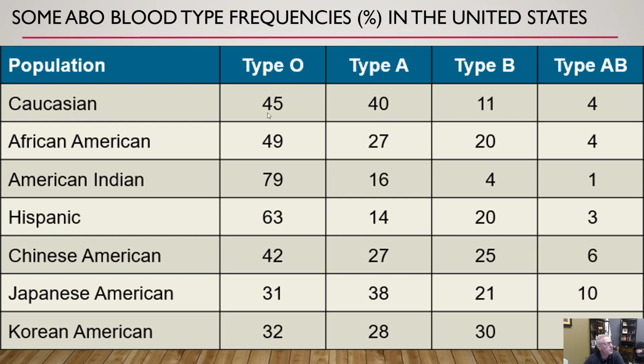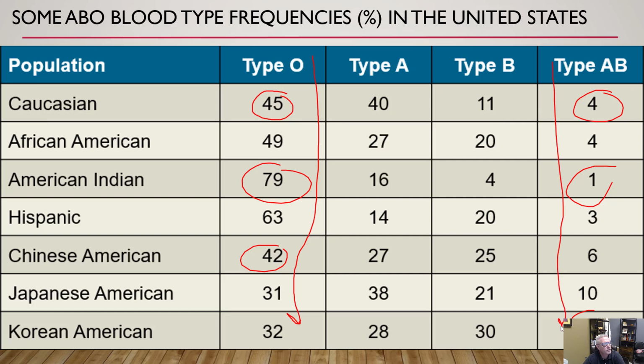Type O blood, 45%, type AB is 4%, American Indian is 79% type O, only 1% AB, 10% Korean, Chinese American. So you can see that the majority of the people have type O blood, and the minority have type AB blood.